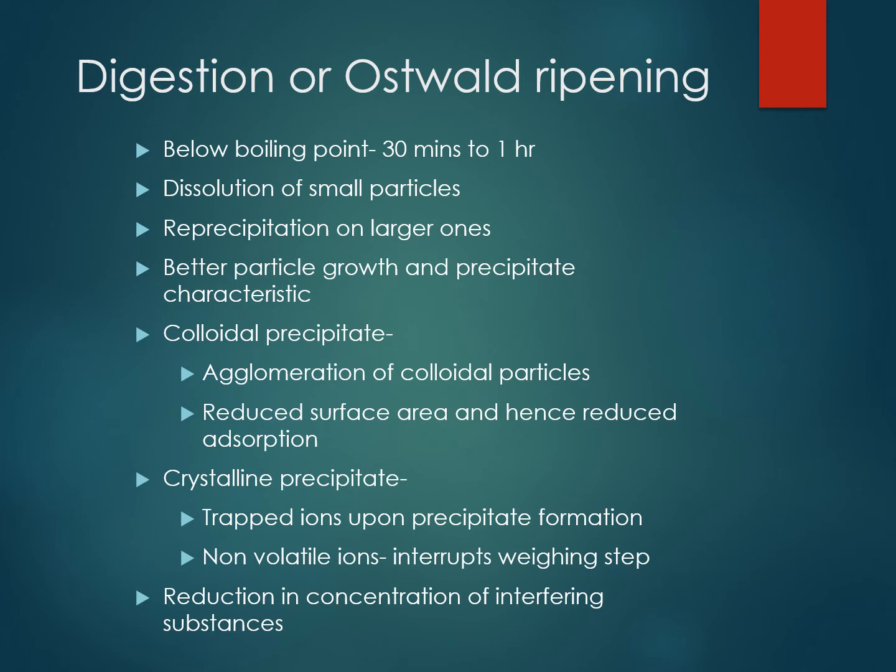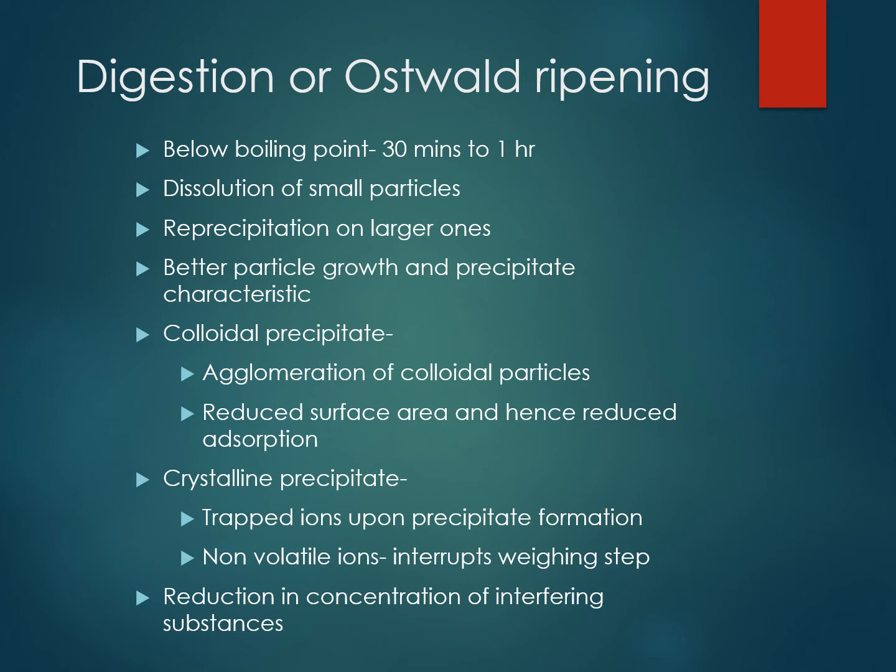Now, there are usually two types of precipitates which are obtained, namely colloidal precipitates and crystalline precipitates. Colloidal precipitates are formed by agglomeration of the particles. These kinds of particles have reduced surface area, thereby leading to reduced adsorption. Whereas crystalline precipitates are the ones in which ions are trapped in larger molecules upon formation of the precipitate.